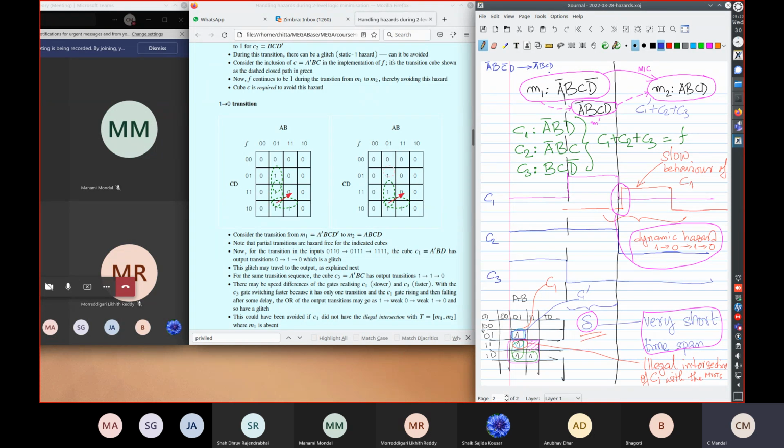So what you can see is that you could have inconsistent requirements, unsatisfiable requirements.